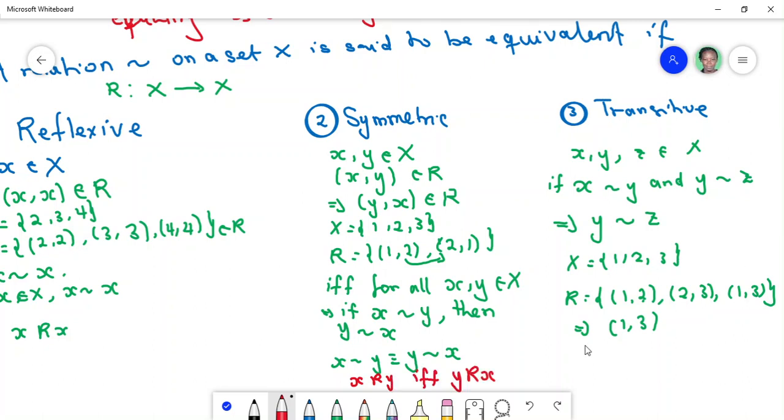Or if x is related to y and y is also related to z, this implies that x is related to z. So this is our equivalence relation, which is very important in looking at functions.